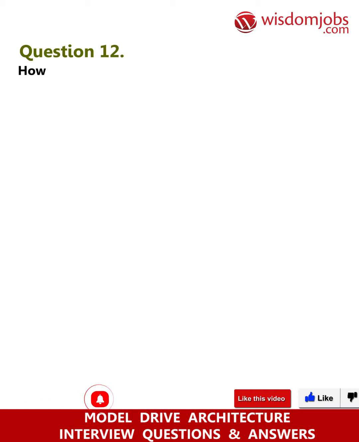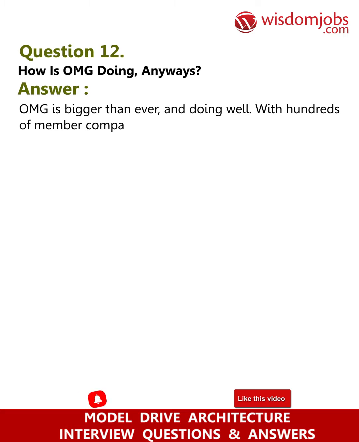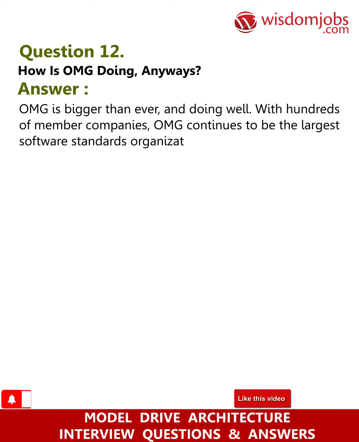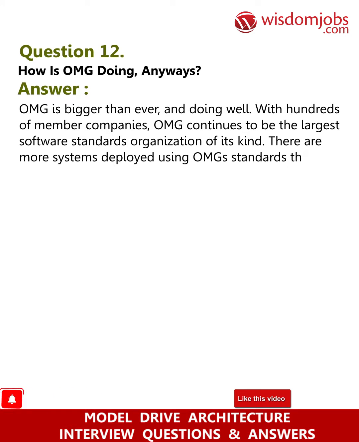Question 12. How is OMG doing? Answer. OMG is bigger than ever and doing well with hundreds of member companies. OMG continues to be the largest software standards organization of its kind. There are more systems deployed using OMG's standards than ever, with new success stories appearing daily.